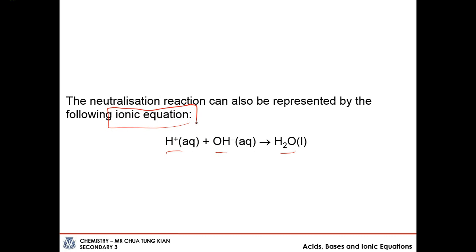Later on at the back of this topic, we will go into more depth on the derivation of the ionic equation from a chemical equation. So for now, take note that neutralization is simply H+ plus OH- giving us water. The H+ comes from the acid, OH- comes from the base, and they react to give us water. So this is the neutralization reaction.